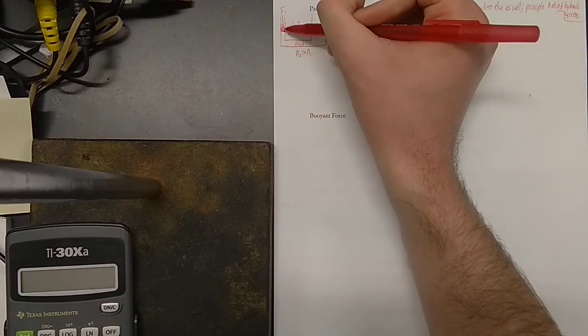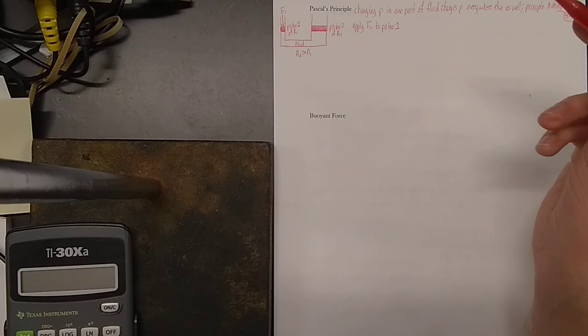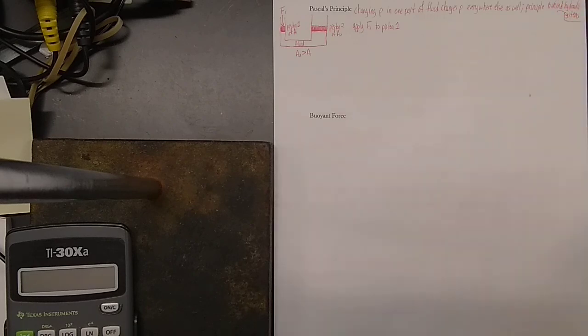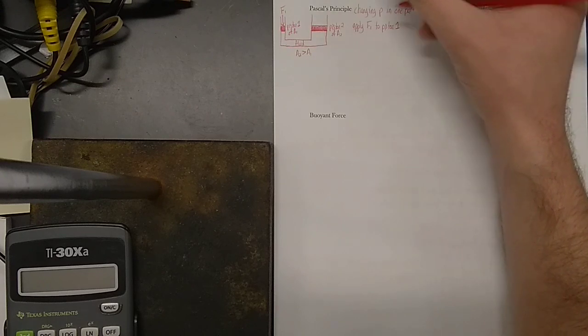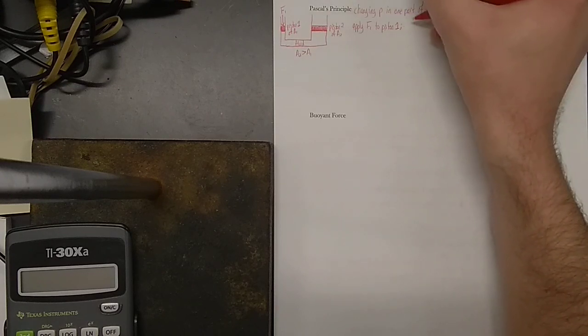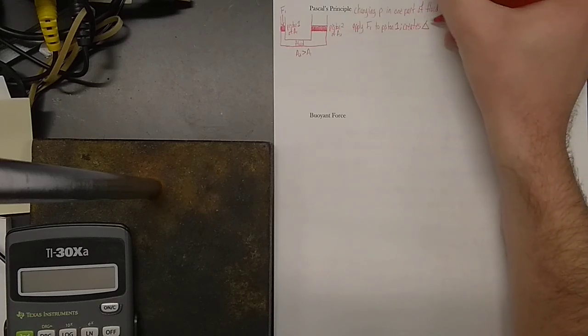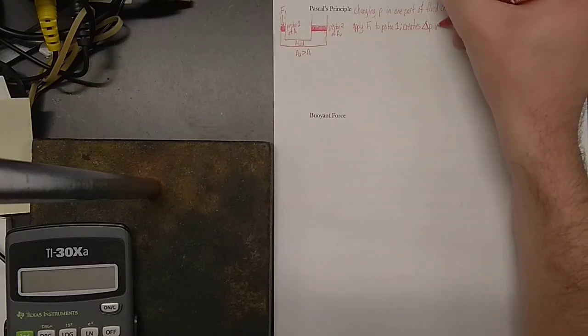So by applying this force, since a force is equal to pressure times area, we're applying more pressure to this fluid. So applying F1 to piston 1 creates a change in pressure in all parts of the fluid.